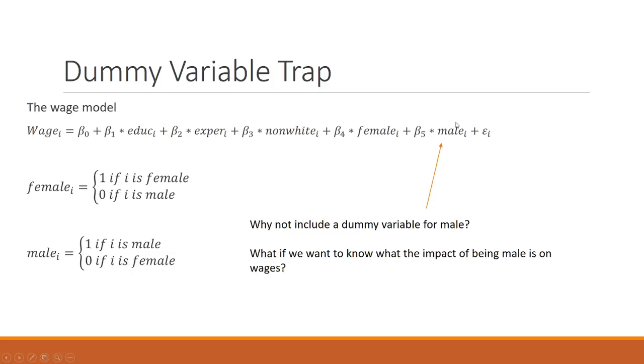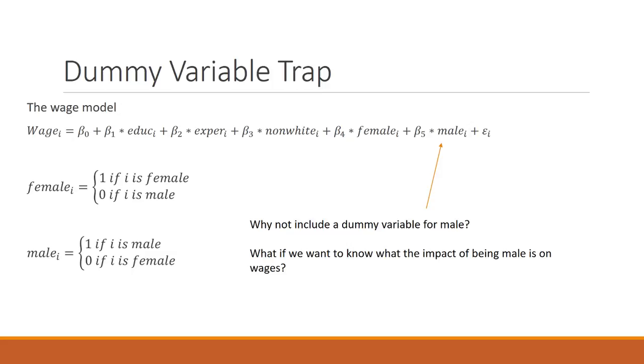Female equals 1 if the person is female, and it equals 0 if the person is male. Male equals 1 if the person is male, and equals 0 if the person is female. So here I've included a dummy variable for female and for male.